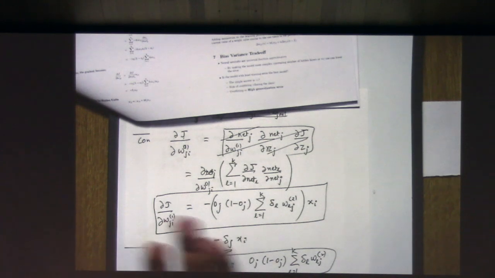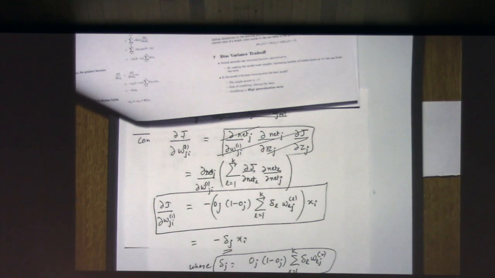So if you use a different function in the unit, then your derivations will change again. So instead of using this, okay, this would change to something else. That's how you generalize the neural network to other settings. Any questions so far?